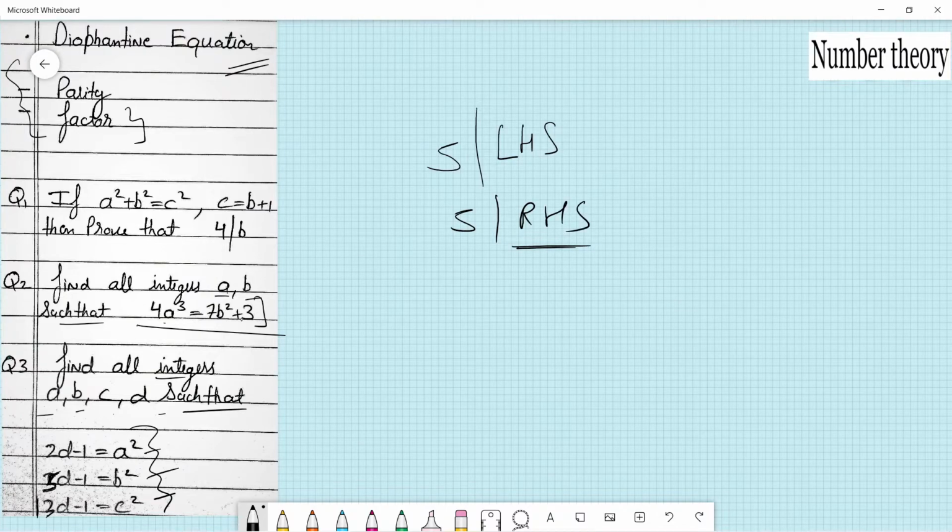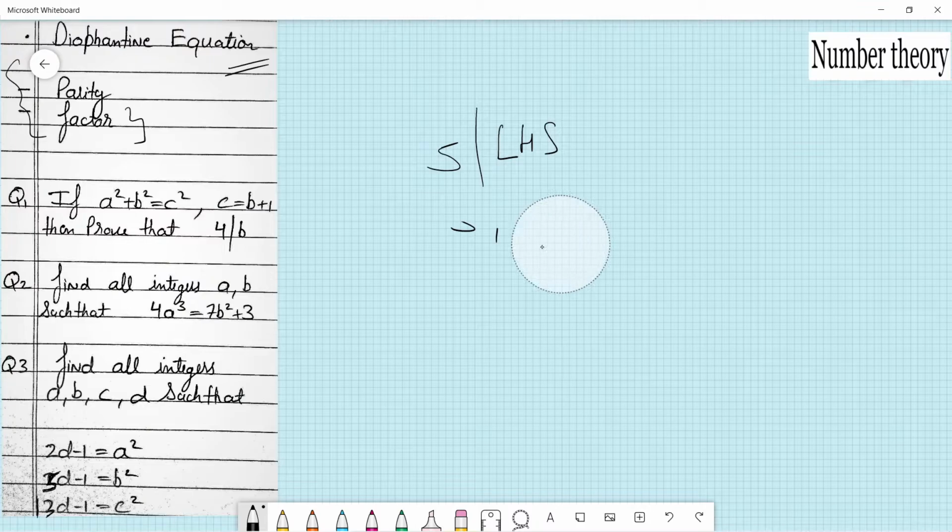Say in this equation, since 4 divides the right hand side, 4 is a factor of the right hand side, therefore 4 also has to be a factor of the left hand side. Okay, so now that you know these two facts, using these two facts you can more or less solve all of these problems. So let's go one by one and solve these problems.